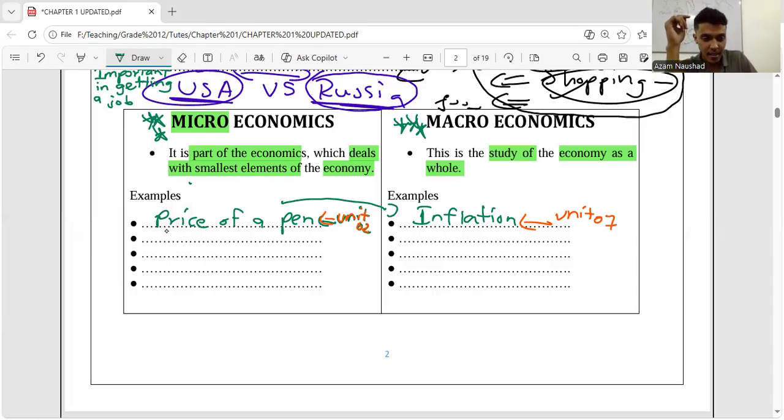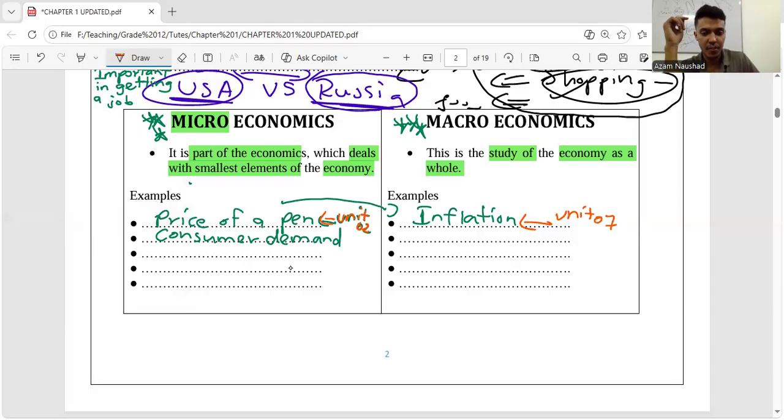And then consumer demand. Once again, you will get the fullest idea in unit number 2. So under macroeconomics, write it as aggregate demand.